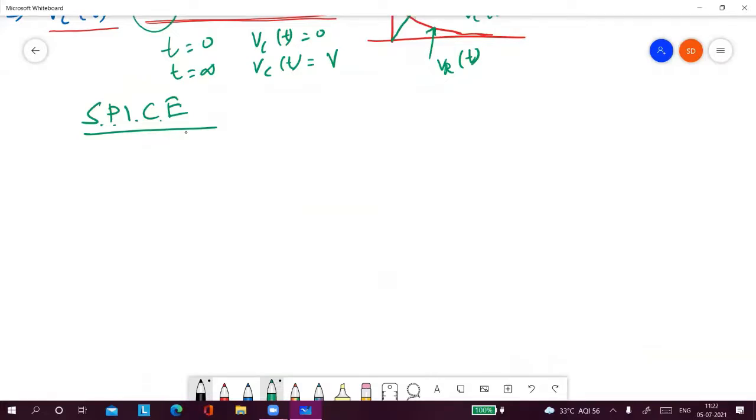Here you can analyze electrical and electronic circuits using SPICE software. You can simulate before fabrication. You can simulate your circuit in SPICE and observe the nature of the response. Then you can fabricate the circuit.